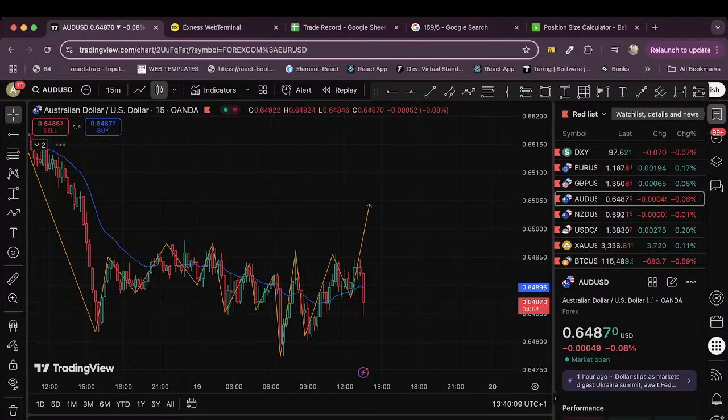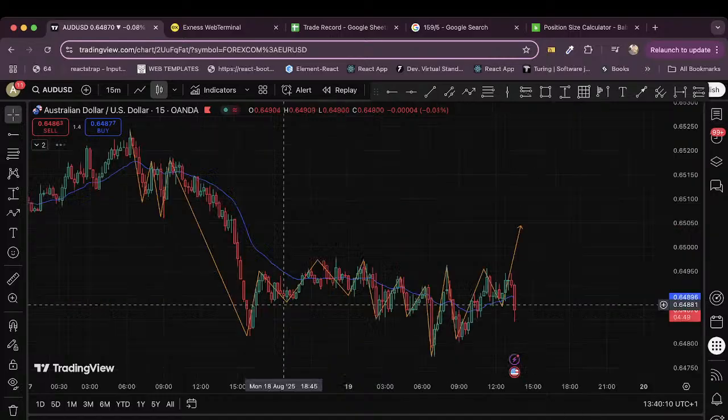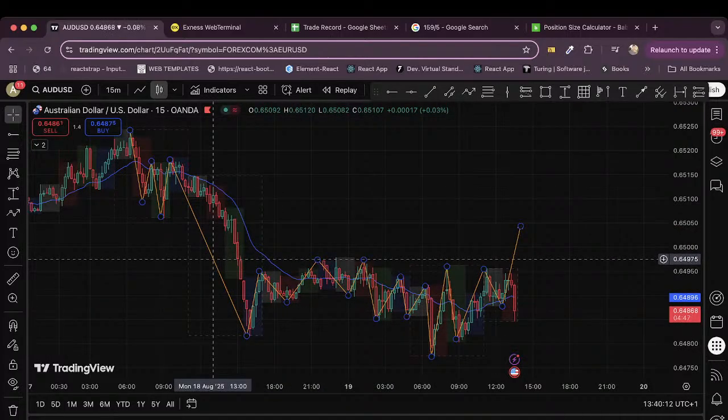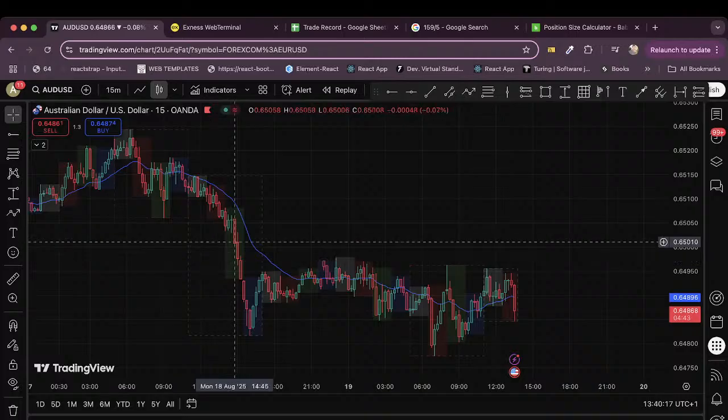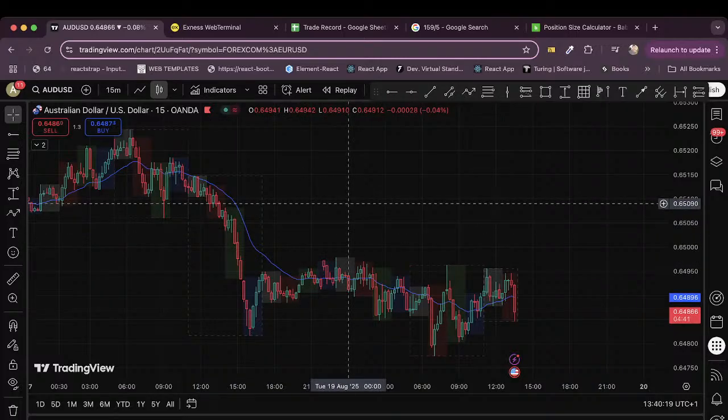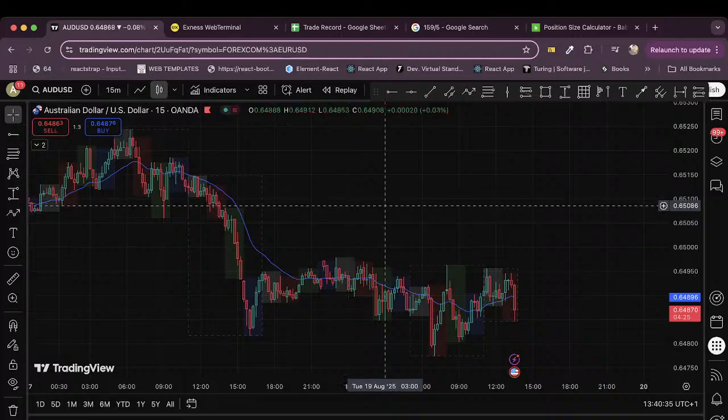I still maintain that premonition. I don't know why Aussie dollar is capturing my attention, but ideally the best currency pairs to trade during this hour would most likely be Euro USD or British Pound USD, because those are the pairs that we saw in the morning.